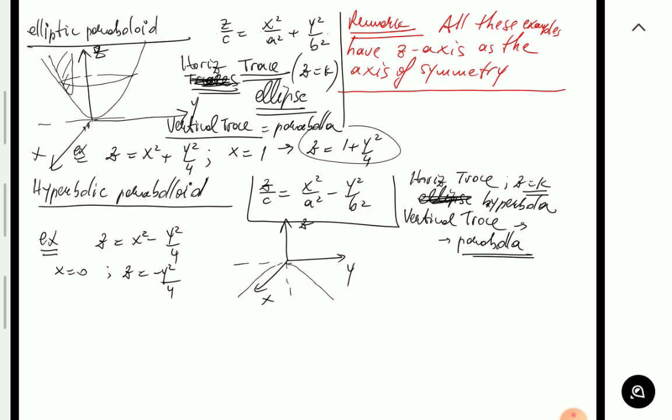On the other hand, if you look at the trace y equals 0, that gives me z equals x squared. So that means in the zx plane, that's going to be a parabola opened up. So this is going to look like a saddle, basically.